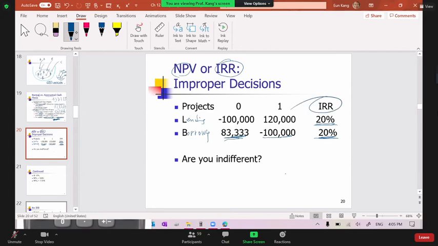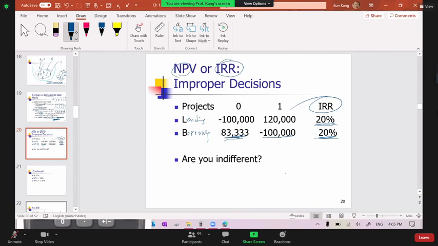That's the problem of IRR. IRR just calculates the magnitude of the return, not the sign of the return, right? So 20% is just magnitude, not the sign.